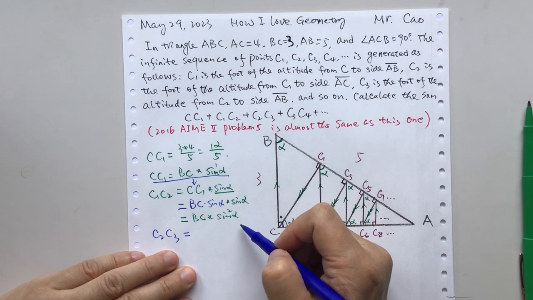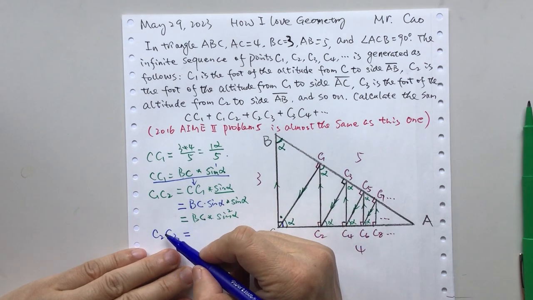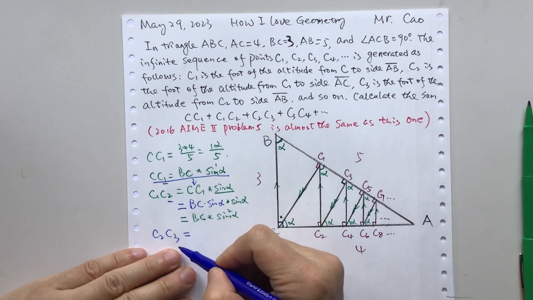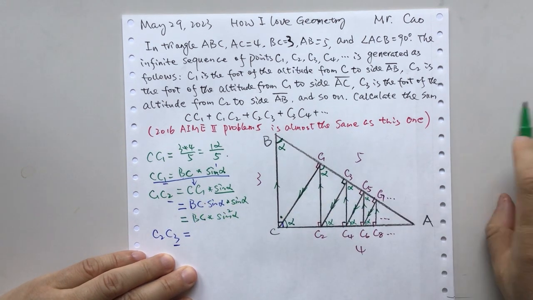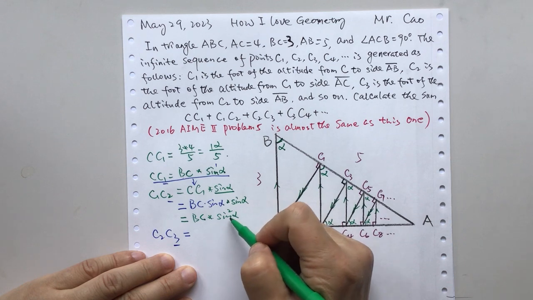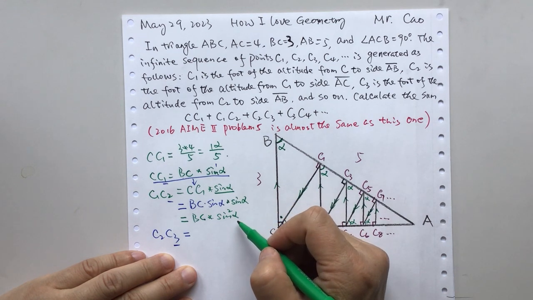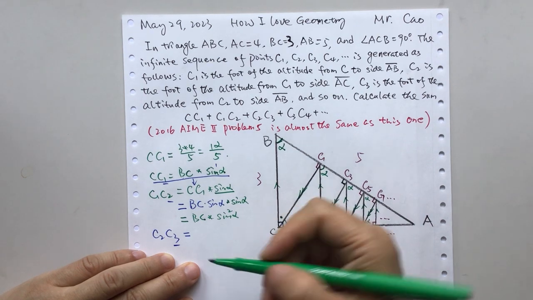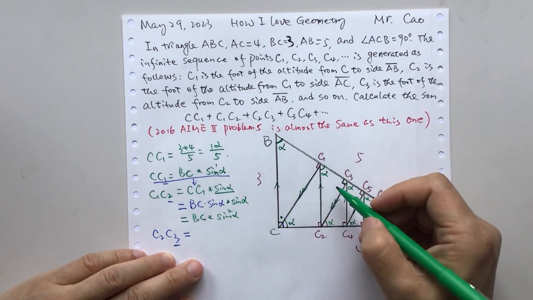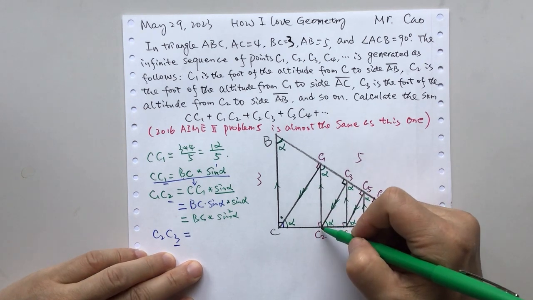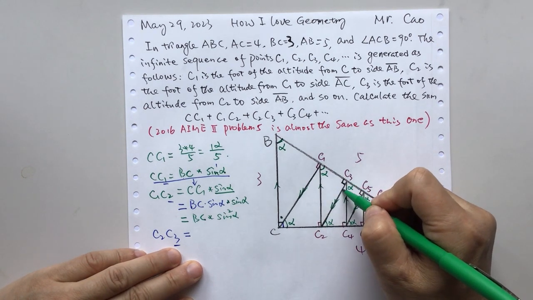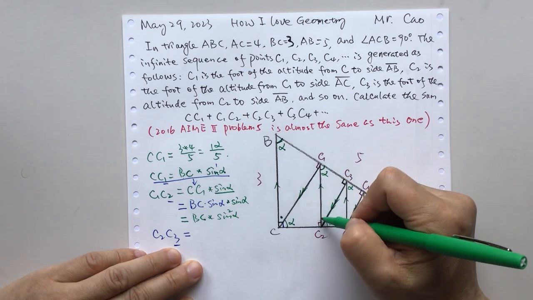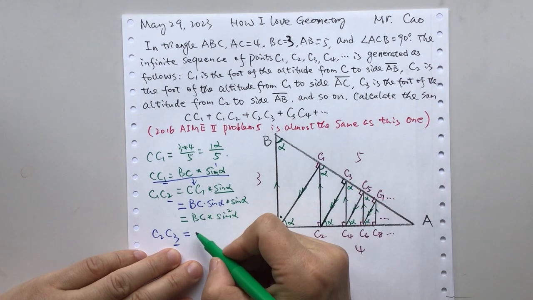Then we just want to make sure if we can represent C2C3, here is 1, here is 2, to be BC times sine cubed alpha, right? If so, then we find the pattern. Of course, you see, C2C3 is this segment, which equals C1C2 times sine alpha.